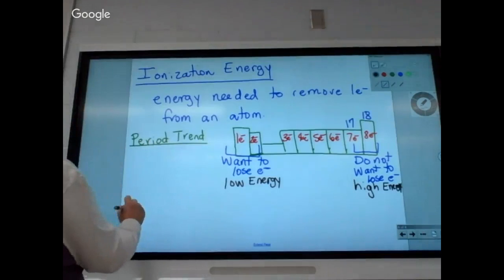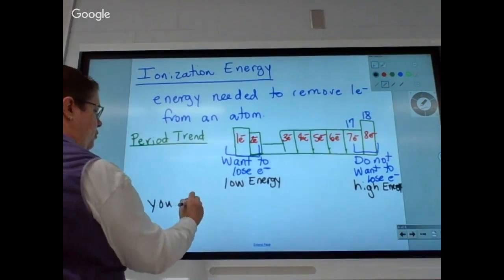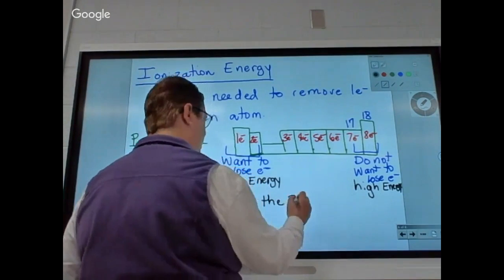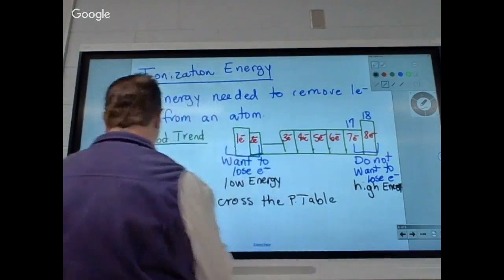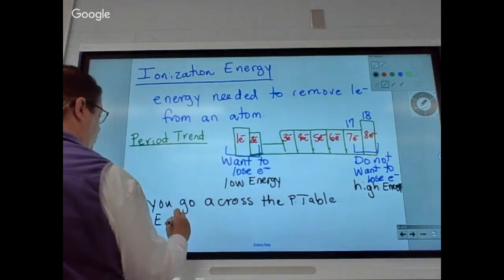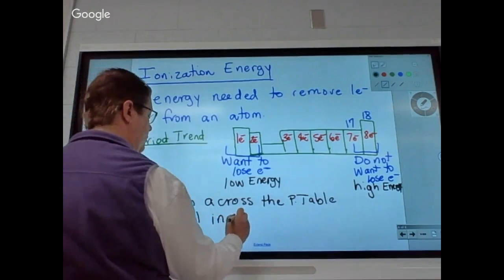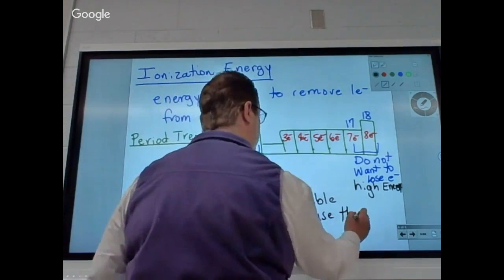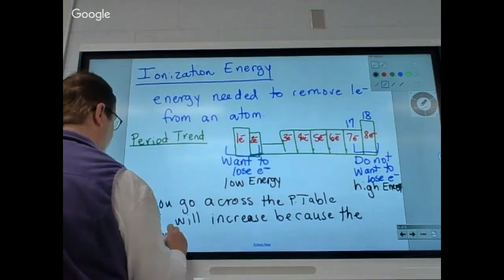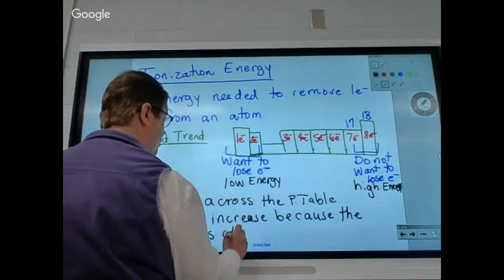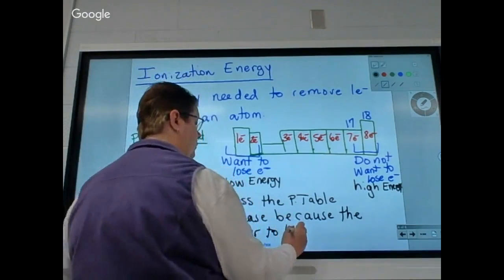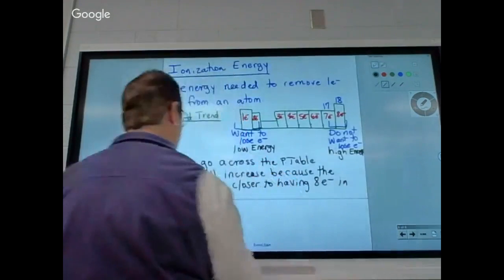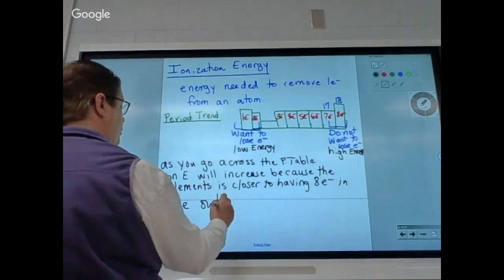All right, so as you go across the periodic table, ionization energy will increase because the element is closer to having 8 electrons in the outer shell.